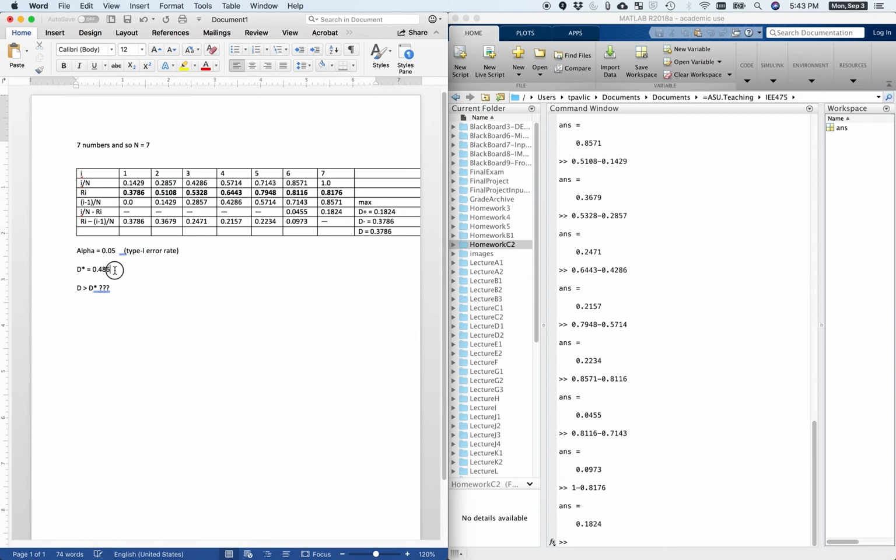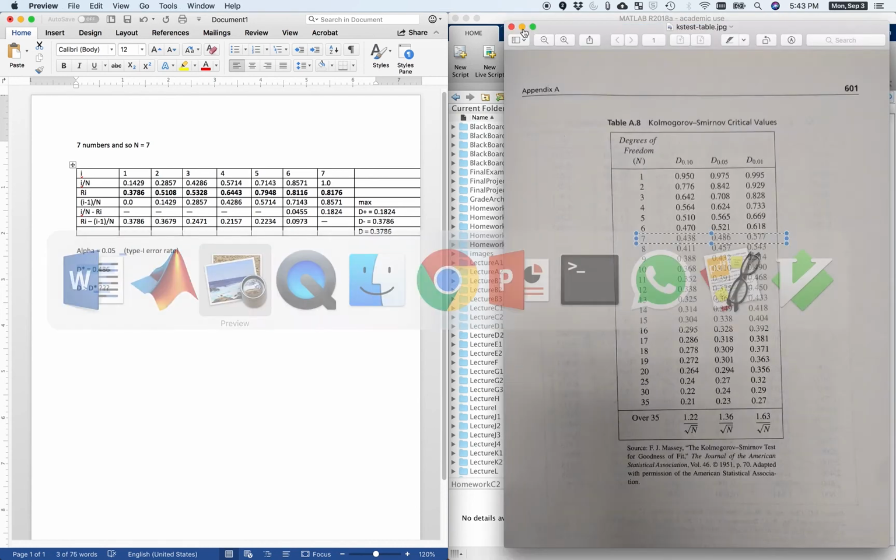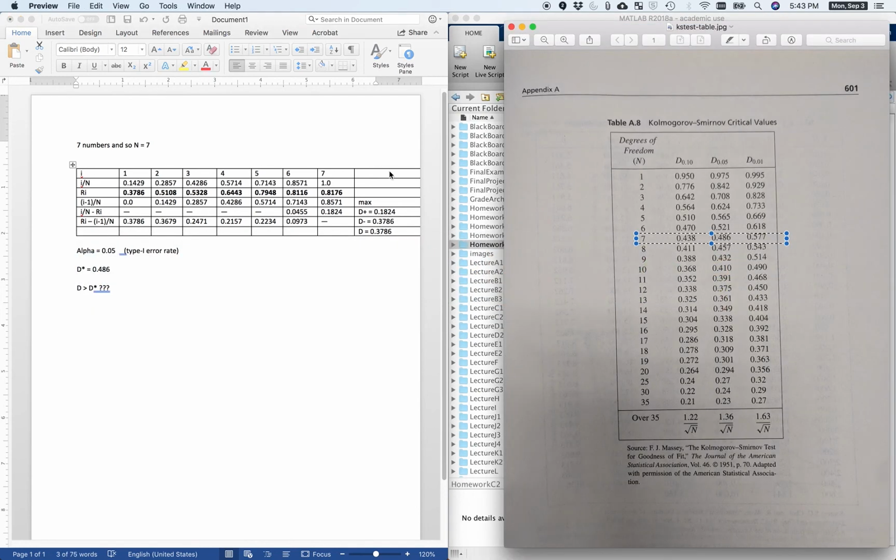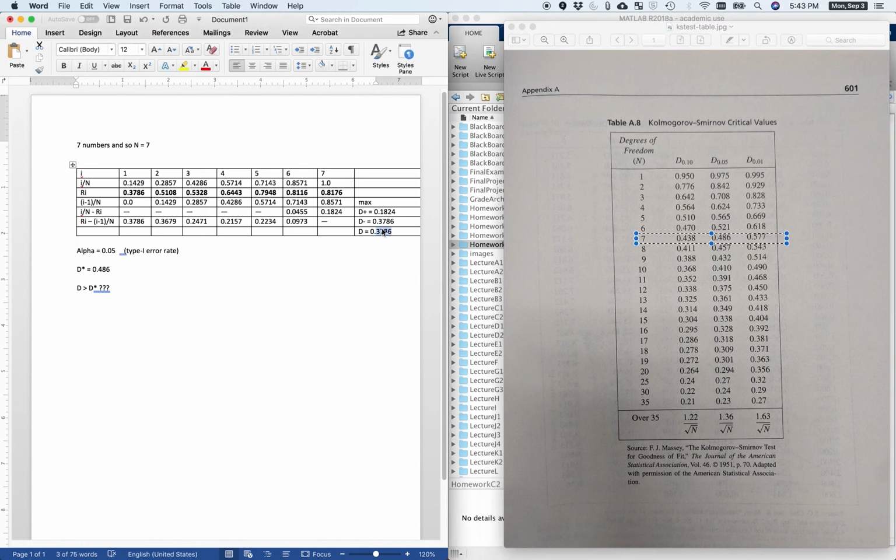All right, this is my critical value. If you're coming in late, if I look back at my preview, I've got 7 numbers. So I look in row 7 for the KS test, with a significance level of 0.05, so D 0.05, and my critical value is 0.486. This is my test statistic and this is my critical value.